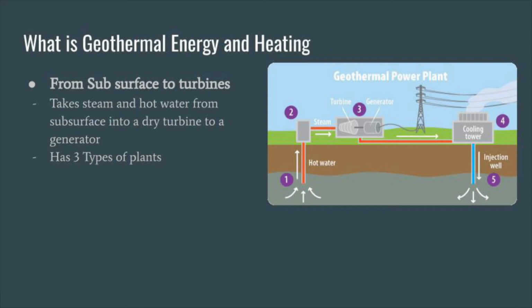This is done by taking hot water within the surface of the earth, as seen in the diagram to the right at 1, where it basically pumps up water through a drilling site into a heat pump. This heat pump then increases the temperature and creates steam from the hot water.